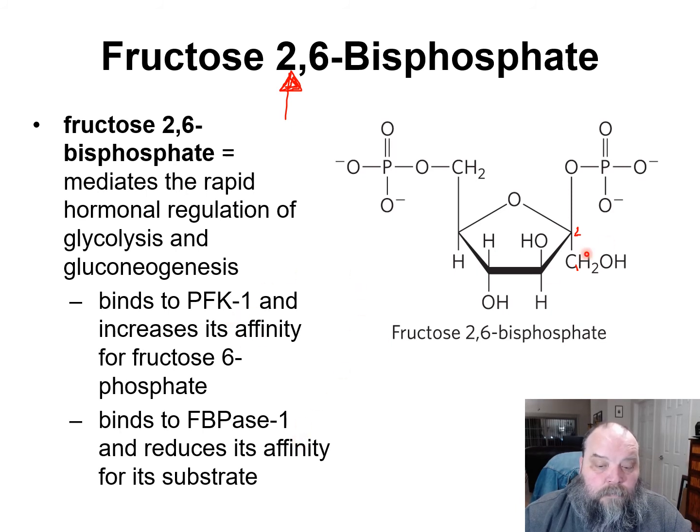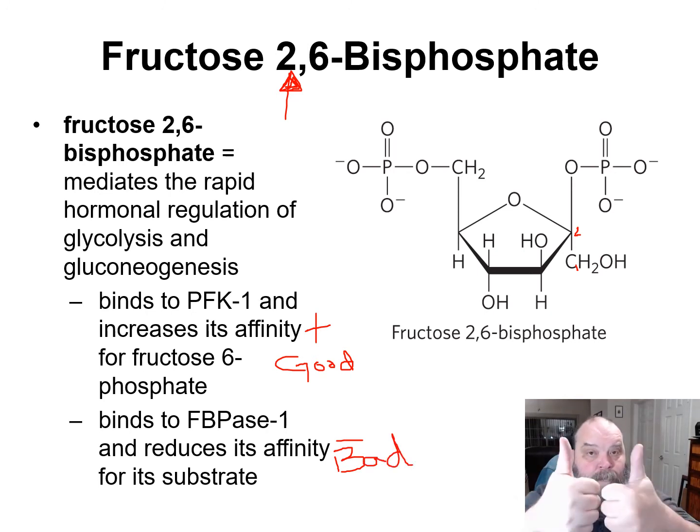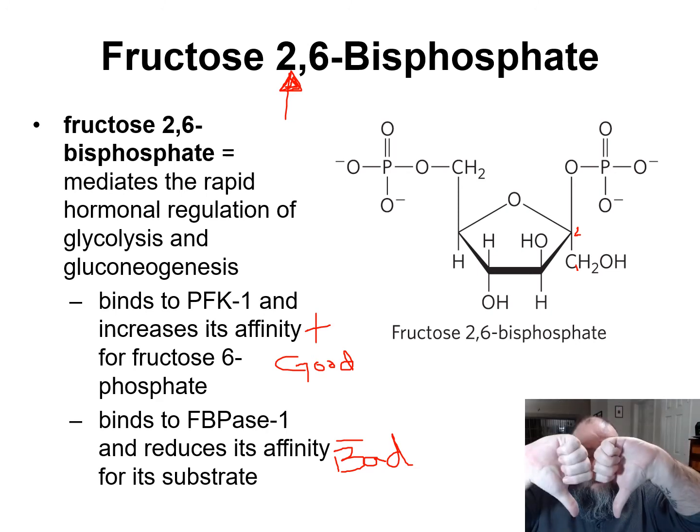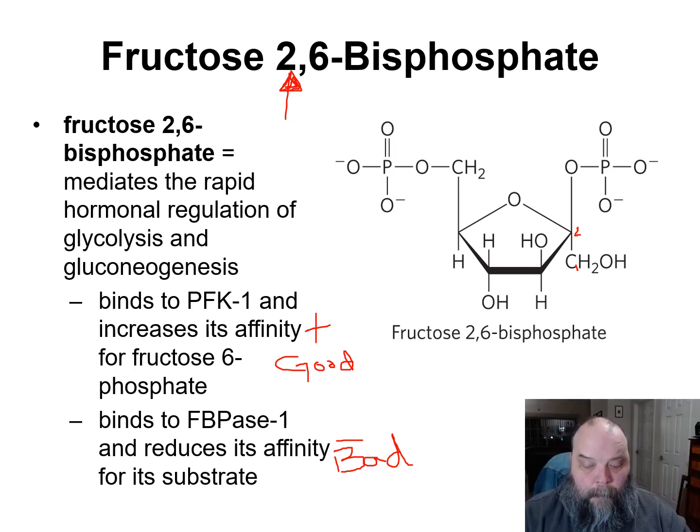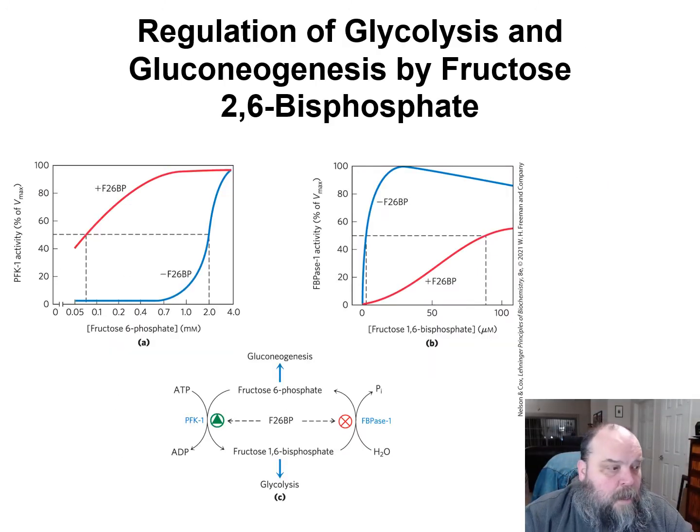Well, here, good, bad. It makes this one the good one, makes this one the bad one. So if you have high levels of this signal molecule in your cell, PFK1 good, FBPase1 bad.